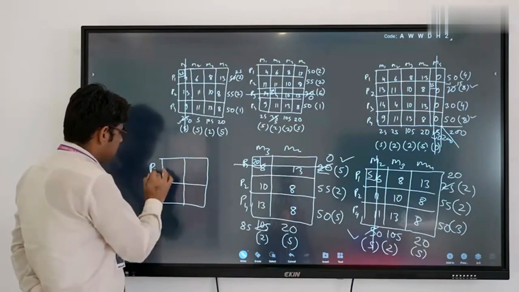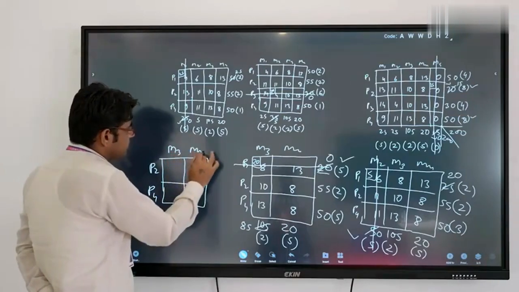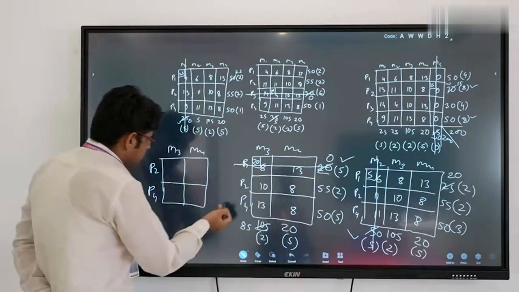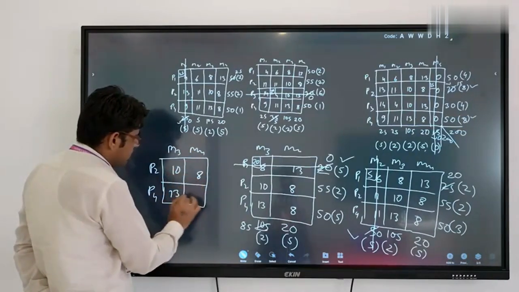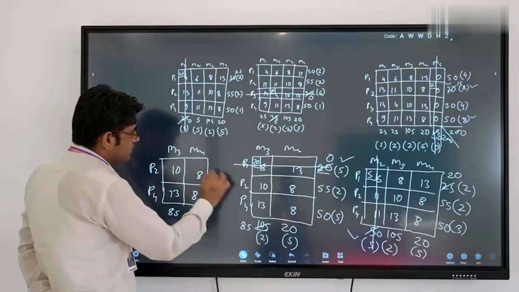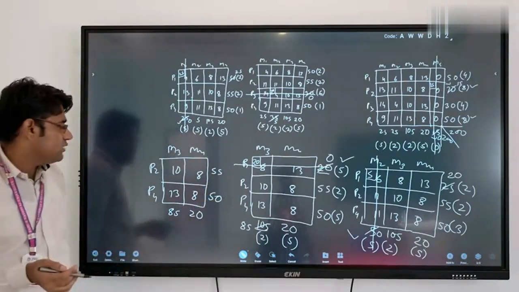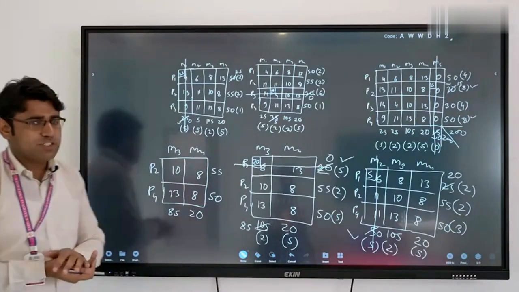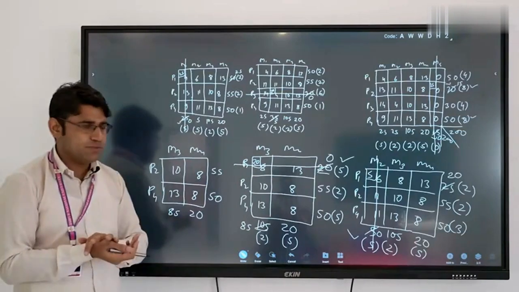Now the reduced matrix is: here plant P2 and P4, market M3 and M4. 10, 8, 13, 8 and demand 85, 20, supply 55 and 50. So again we find the penalties of each row and each column, similar to what was discussed in the previous table.